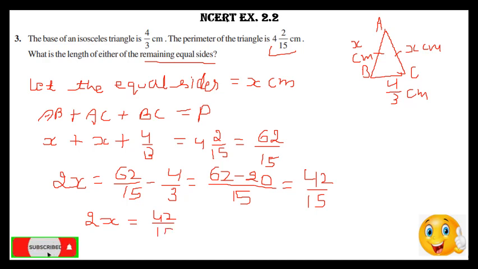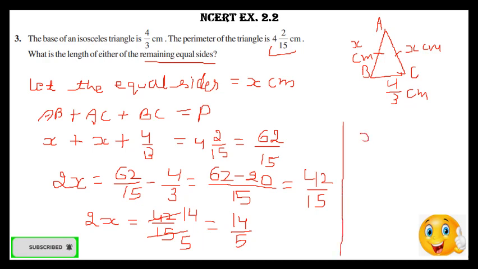So this is the value of 2x, and we can write 42 upon 15 in simplest form by dividing by their HCF. So 3 can divide 15 5 times and 42 14 times. So here we have 14 upon 5 as the value of 2x, and it gives the value of x here, that is equal to 14 upon 5 divided by 2.